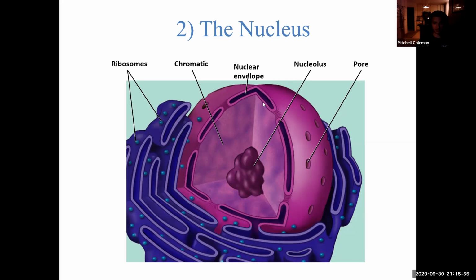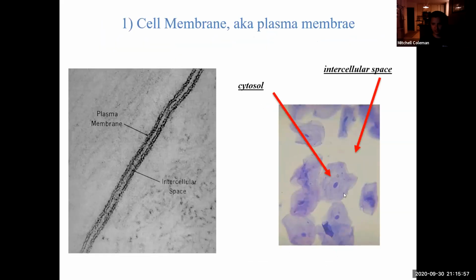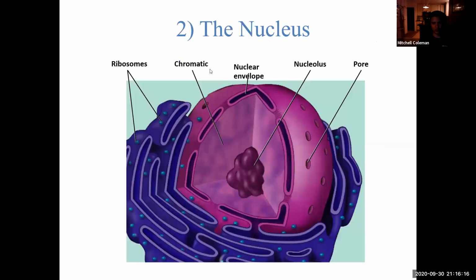If we go back a few slides, see this dark central thing here? On the outside, we're looking at the plasma membrane, of course, but this dark thing in the center of each one of these cells is the nucleus. So it's an entirely different organelle inside of a eukaryotic cell, the nucleus right here.